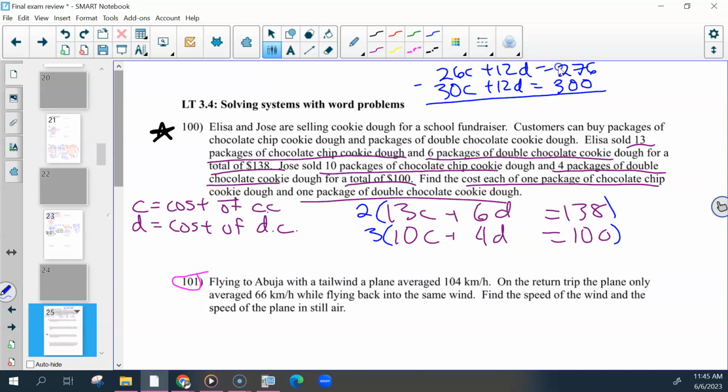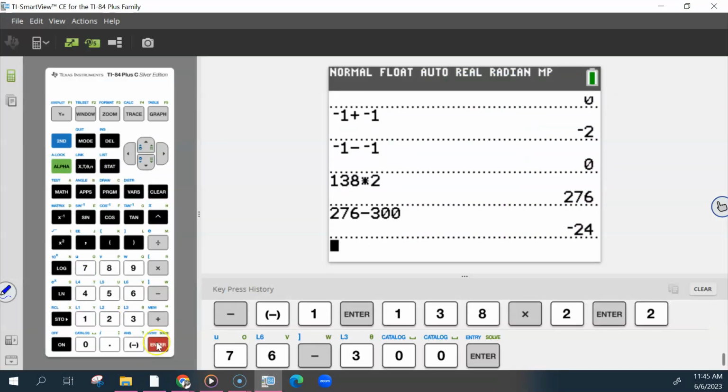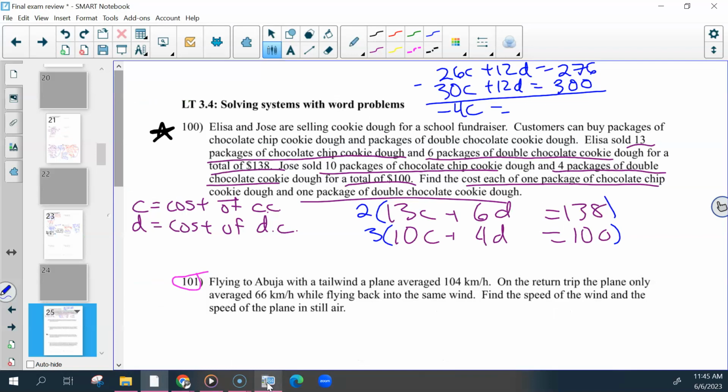So we have negative 4C equals negative 24. And then divide both sides by negative 4. Since we were looking for the cost, our label would be dollars, so $6.